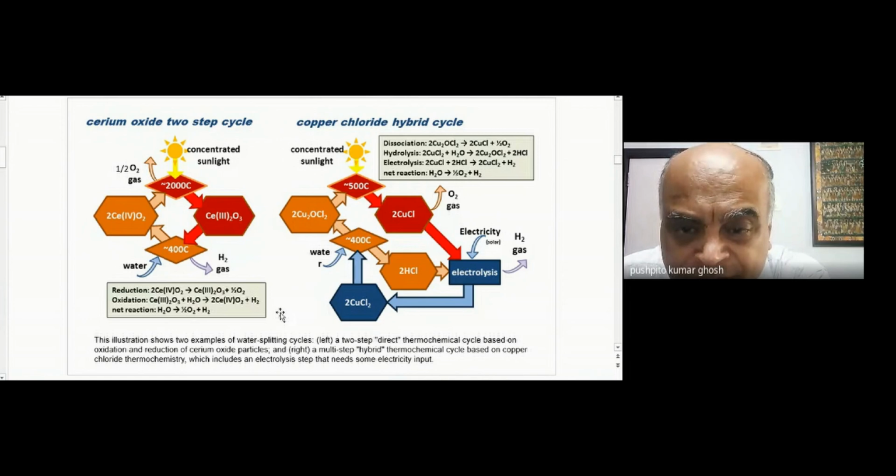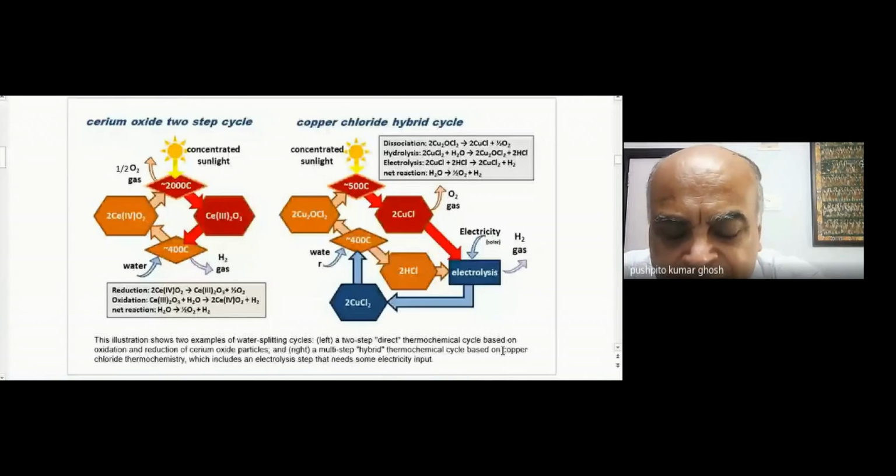But the question that you have to ask yourself is, is this really making any sense? Suppose I say it's not making sense to me. Why is that? Can one of you give your own reasons as to why you don't think it's such a great scheme, even though I can do it at 500 degrees centigrade?